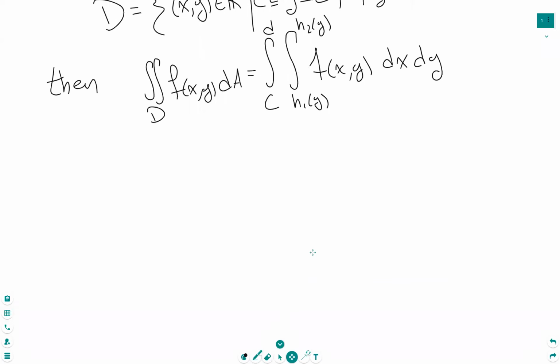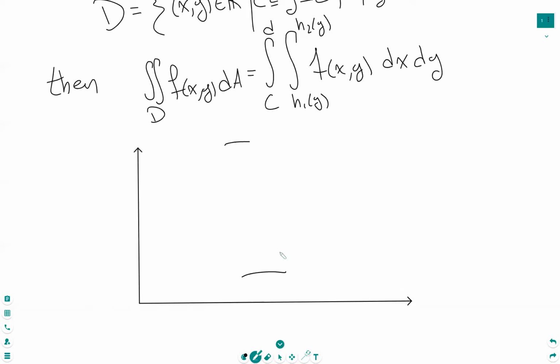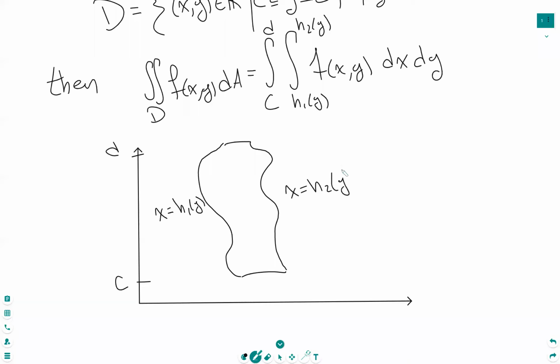Now let's do a sketch. Same thing. A type 2 might look like a rotation of what we've just done above. So maybe we've got some straight lines here, and then a left function and a right function. Here, this is from C to D. My left might be x equal to some h1 of y, and then this is x equal to some h2 of y.